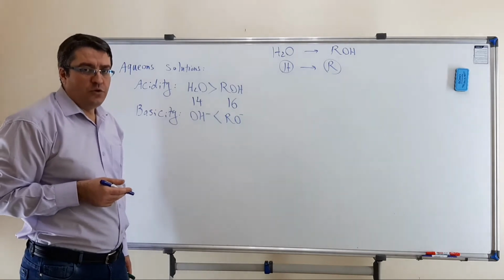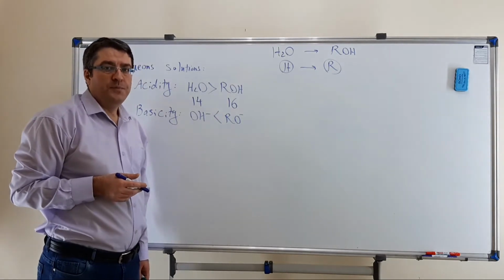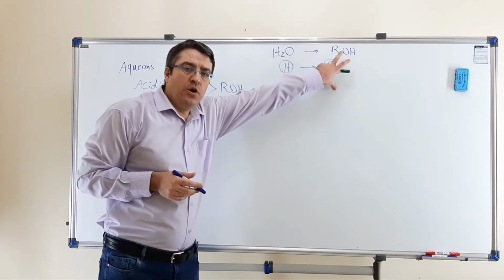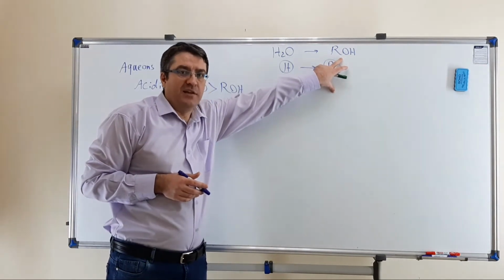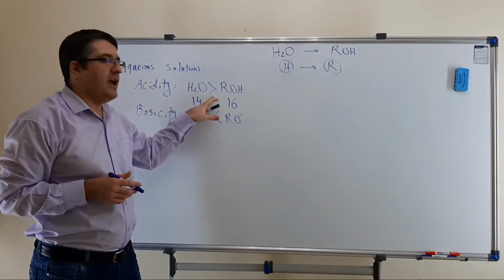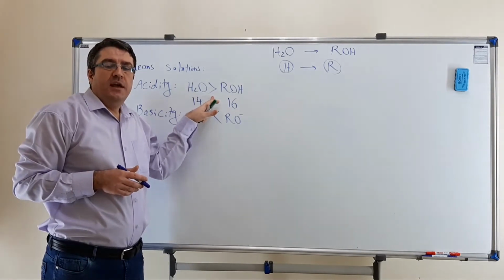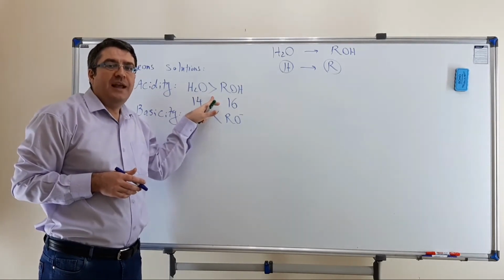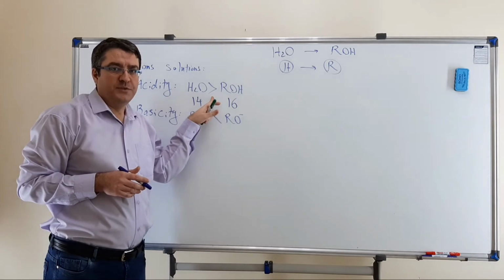While alkyl groups do donate electrons in alcohols, this order of acidity is not because of electron donation by alkyl groups.